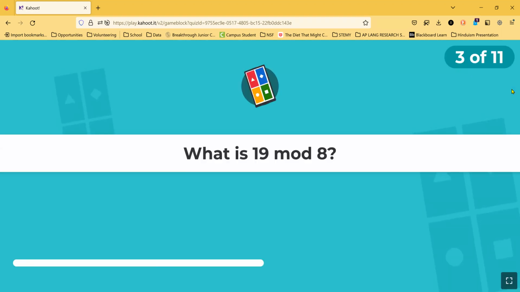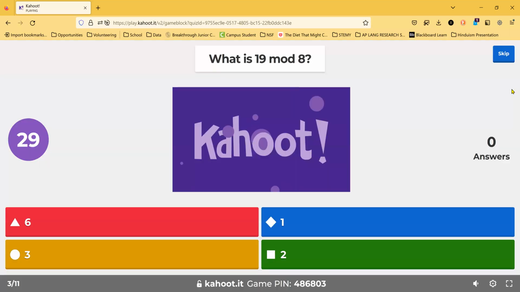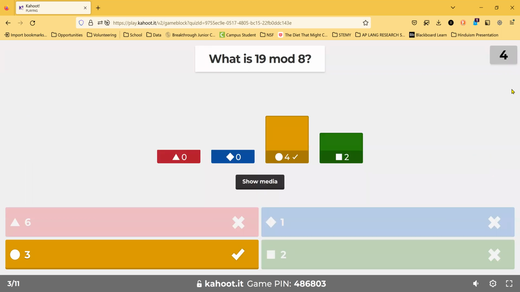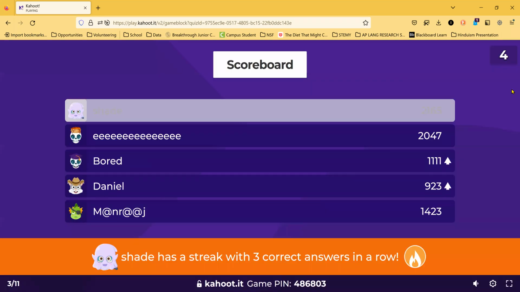What is 19 mod 8? The answer is 3. The greatest multiple of 8 that is less than 19 is 16. 19 minus 16 is 3.